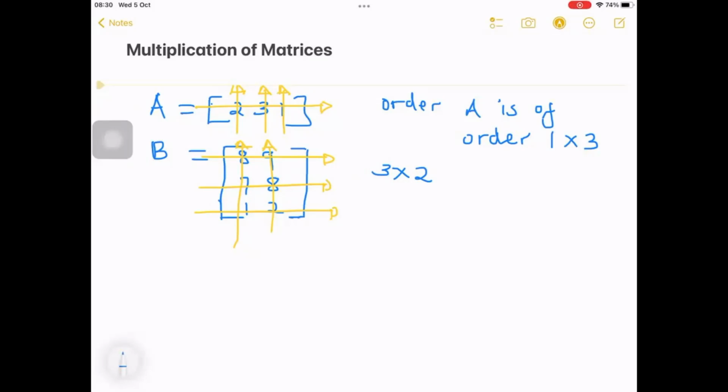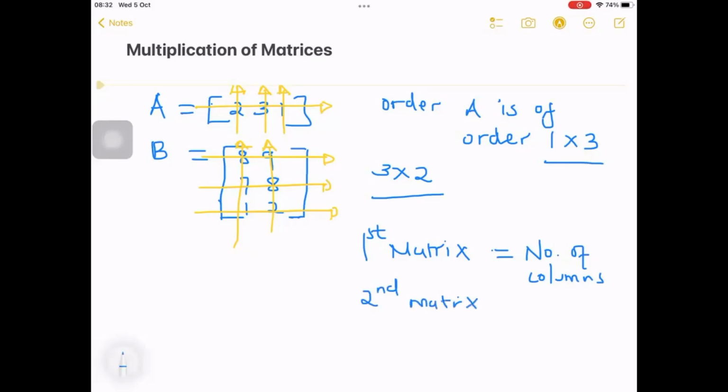If we have A with order 1 by 3 and B of order 3 by 2, we can know even without going further if the two can be multiplied by checking the number of columns from the first matrix, and in the second matrix you check the number of rows.